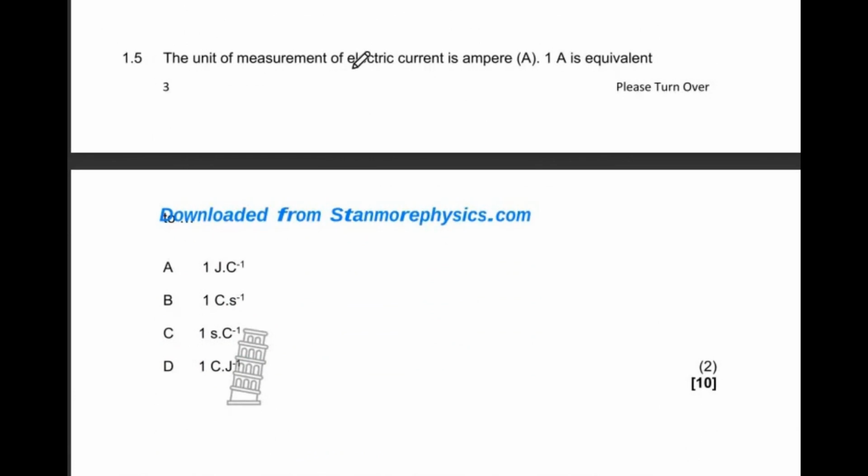The unit of measurement of electric current is the ampere. Therefore, 1 ampere is equivalent to, and we are given different options.